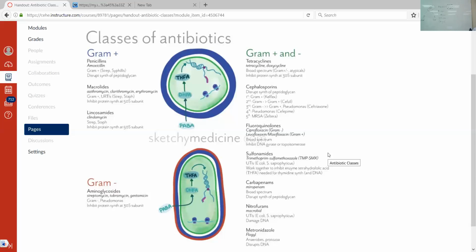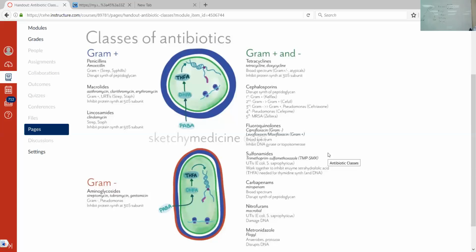So we have the handout that I gave you. There are many of these drugs, the penicillin, and then the next one, the cephalosporin, are similar to penicillin.